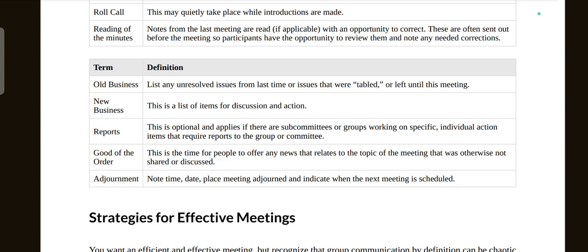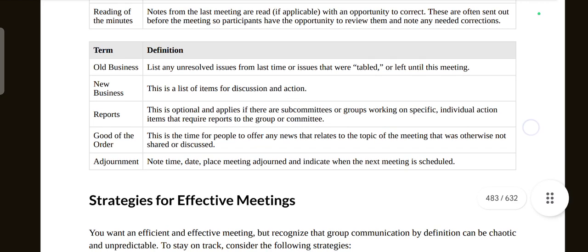New business is a list of items for discussion and action. Reports are optional and apply if there are subcommittees or groups working on specific individual action items that require reports to the group or committee.